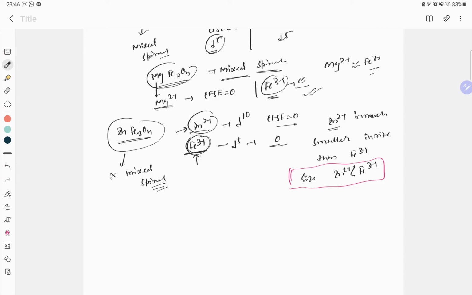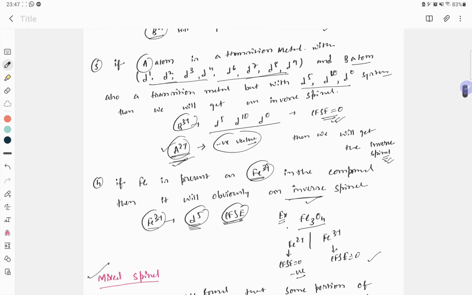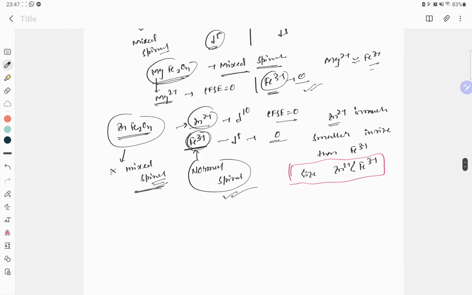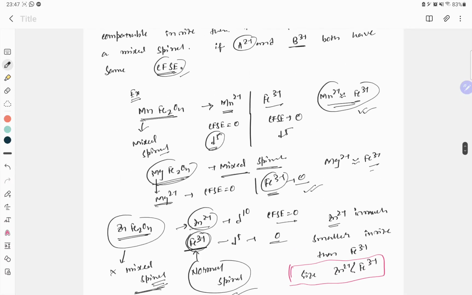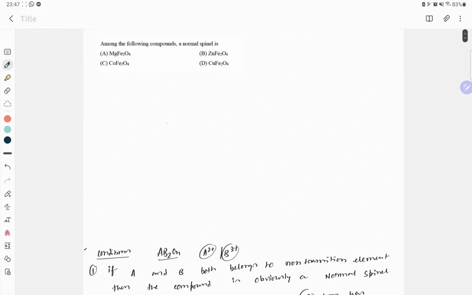So Fe3+ goes into octahedral voids and Zn2+ goes into tetrahedral voids. So it is a normal spinel, not a mixed spinel or an inverse spinel.